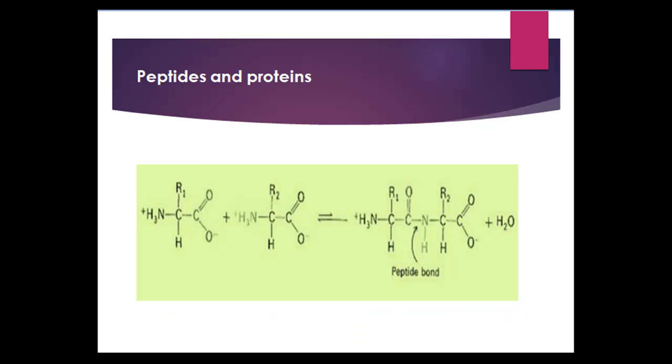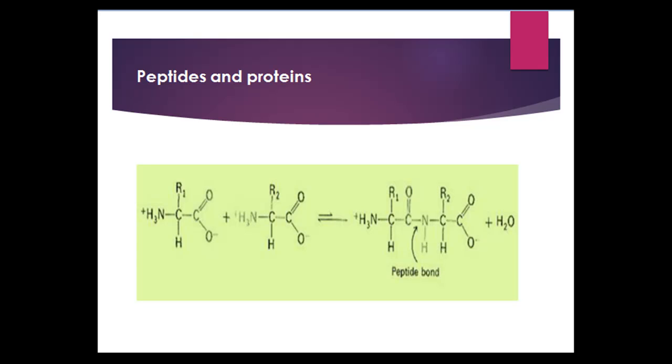Peptide bonds are formed between the carboxyl group of one amino acid and the amino group of the next amino acid. Peptide bond formation occurs in a condensation reaction involving loss of a molecule of water.